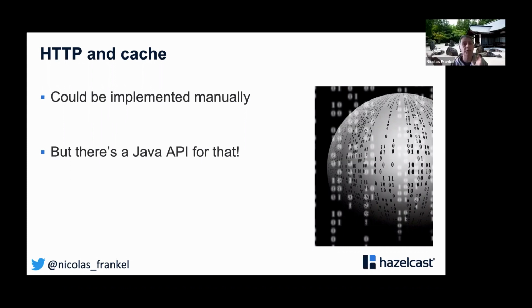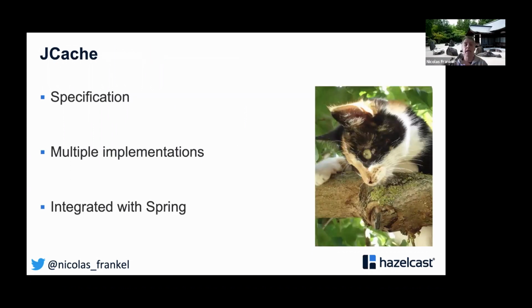There is something called JCache, which is just a specification with multiple implementations, and Hazelcast is one of those implementations. There is also an integration with Spring called Spring Cache, and Hazelcast is also an implementation of it.